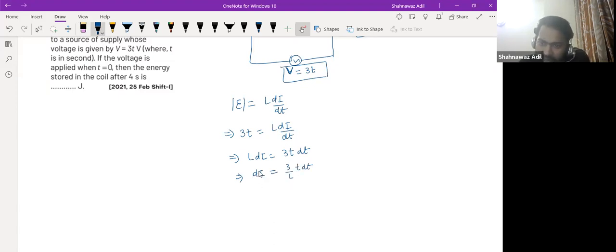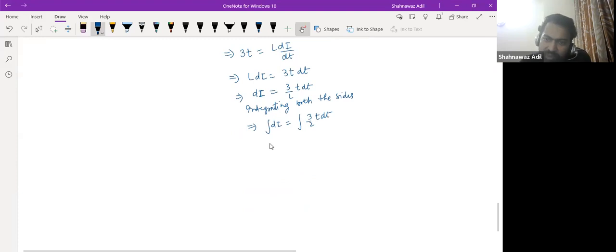So how can we get the current? We have to integrate both the sides. Integrating both sides, we get the integral of di and the integral of 3t by L dt.